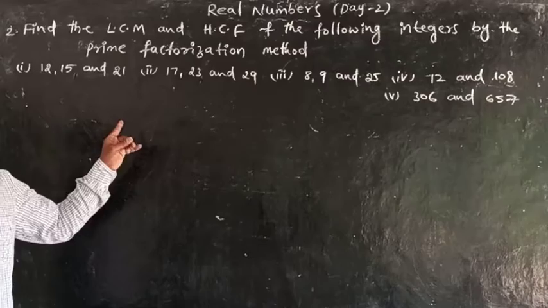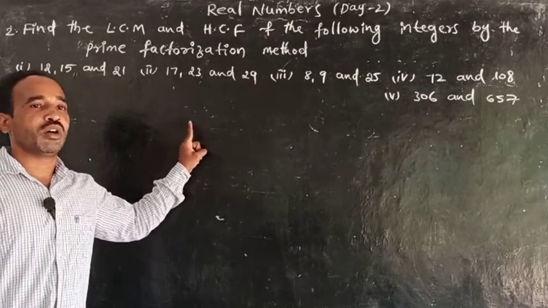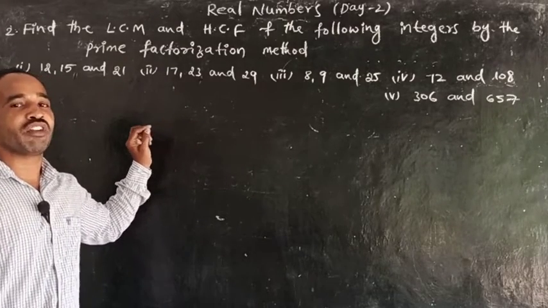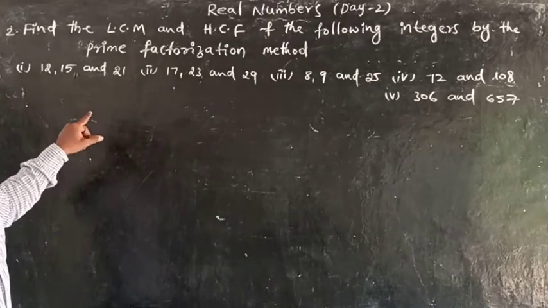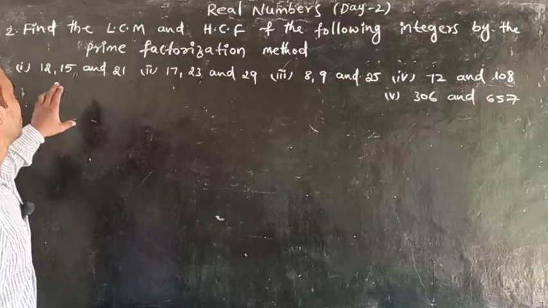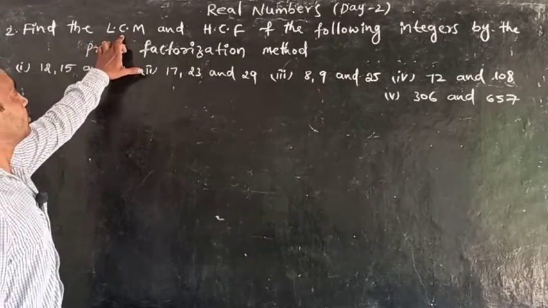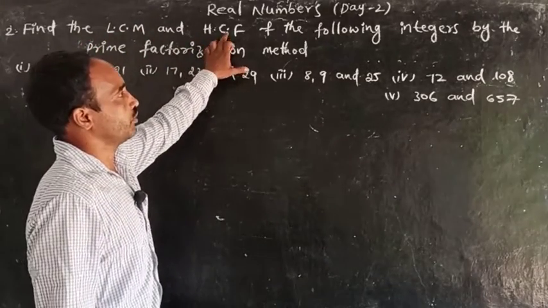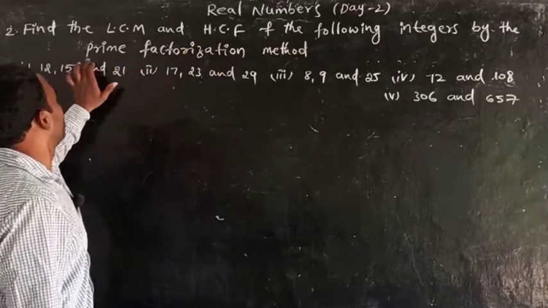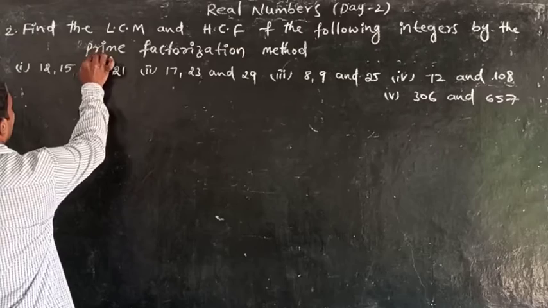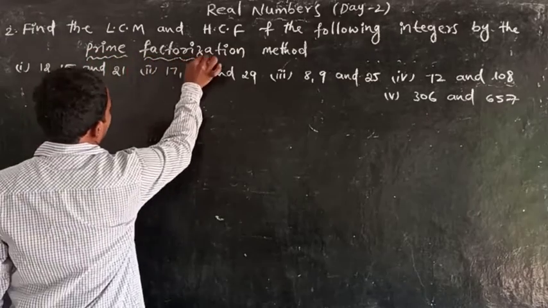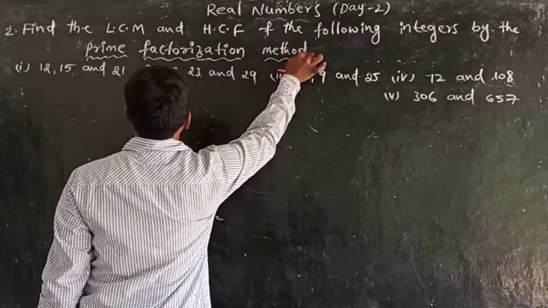In the previous question we already discussed how to write the prime factors of given numbers. Here we learn one more concept: finding the LCM and HCF of the following integers by the prime factorization method. This is the important term, prime factorization method.